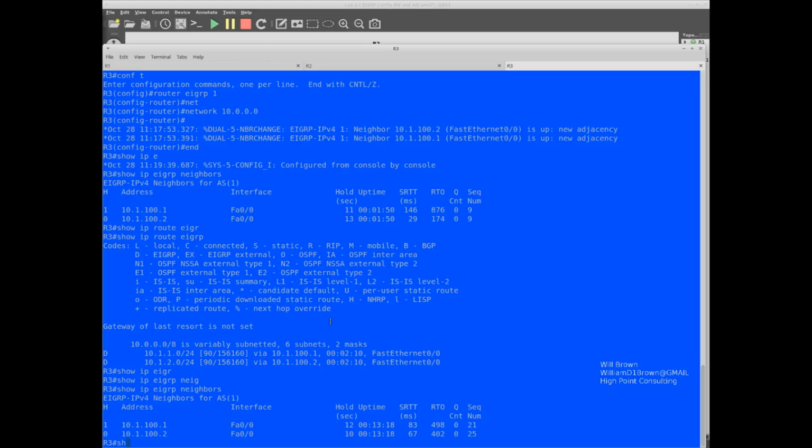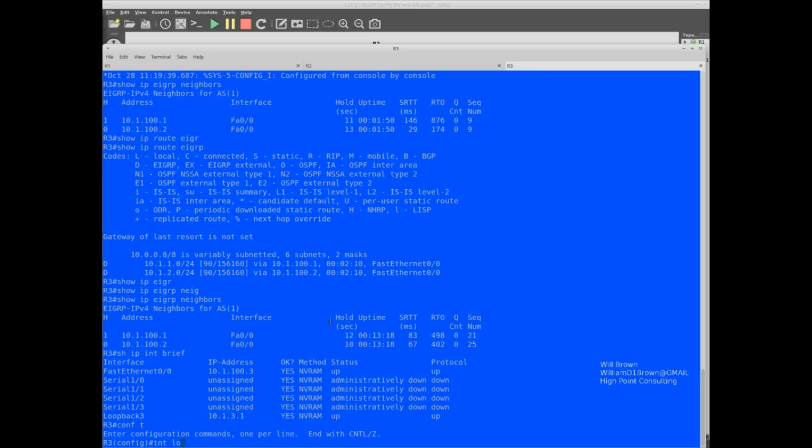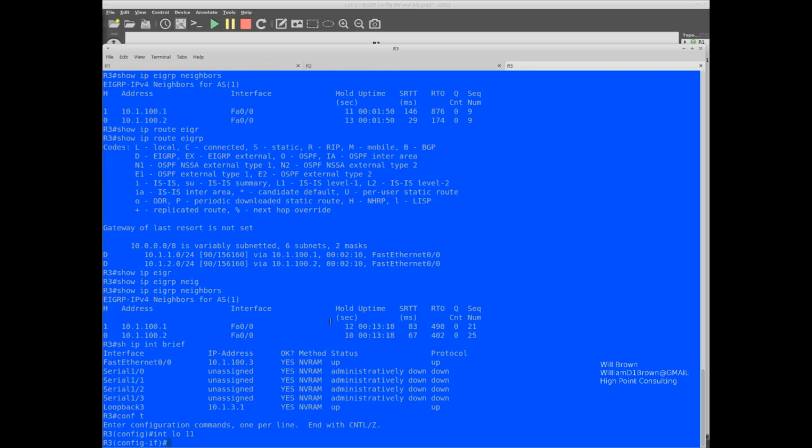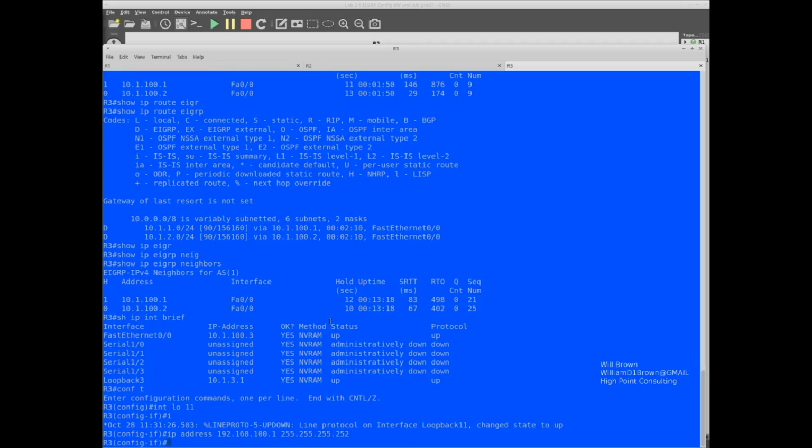And show IP interface brief. So I need to add in a couple more loopbacks on router 3. Interface loopback 11, IP address 192.168.100.1, 255.255.255.252.